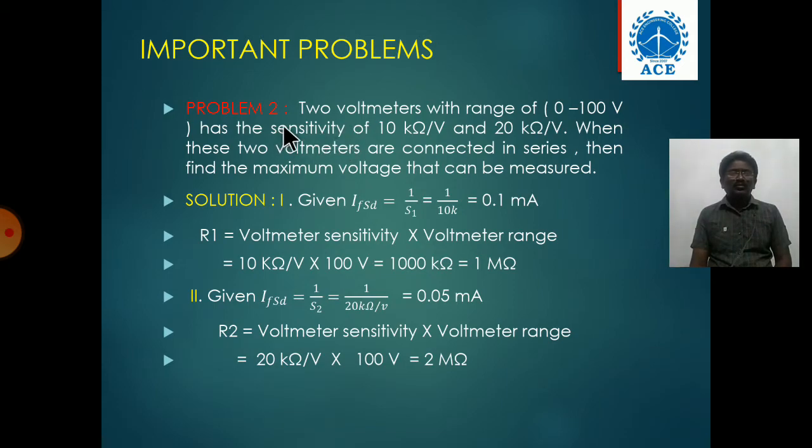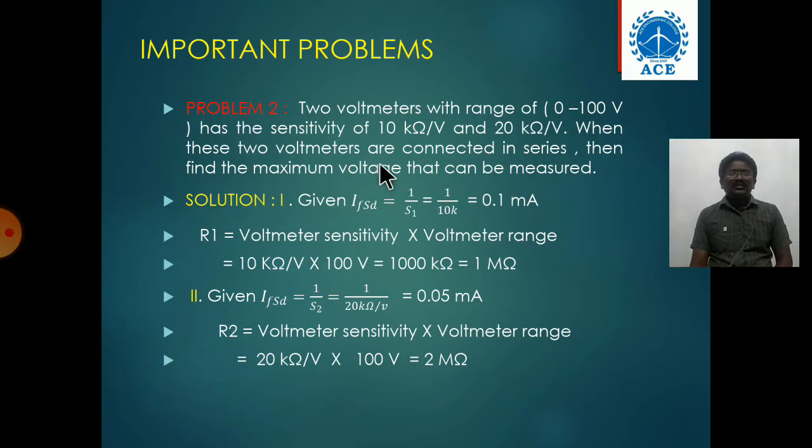Two voltmeters with a range of 0 to 100 volts have sensitivities of 10 kilo ohms per volt and 20 kilo ohms per volt. When these 2 voltmeters are connected in series, find the maximum voltage that can be measured.